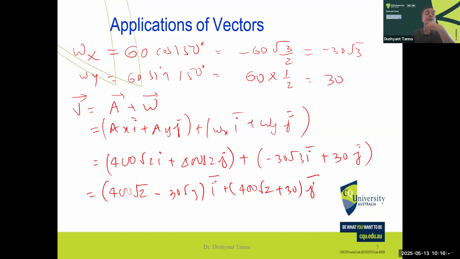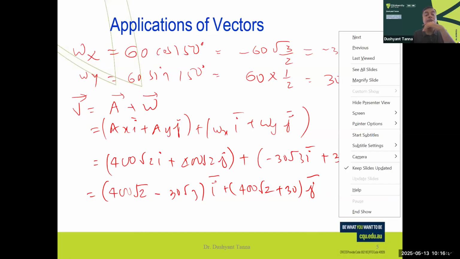That's our vector v. You can call it vxi plus vyj as well. Next step is we wanted to find the polar form of the vector. You already found the vector, which is fine, but it is not that helpful if you look at it that way, right?